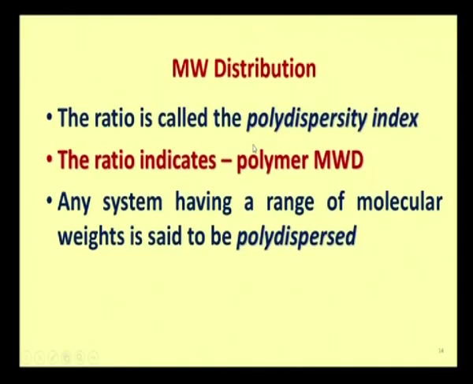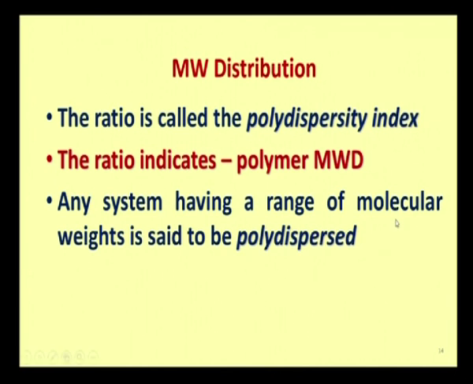Now, this ratio MW by MN is also called the polydispersity index, shortly PDI. This ratio basically indicates the molecular weight distribution of the polymer chains available in the polymer sample.